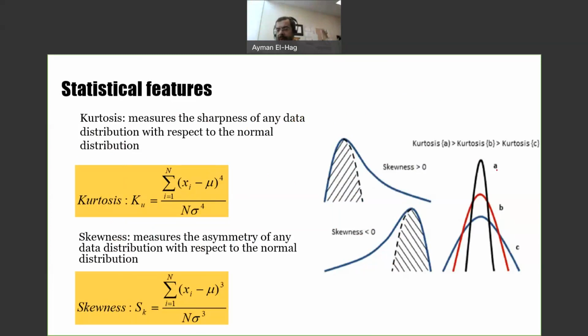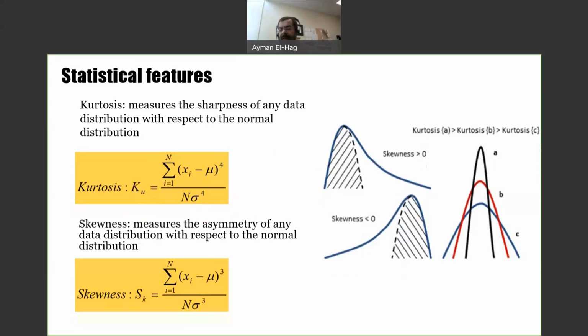For example, here we look at the kurtosis of signal A, which is larger than B, larger than C, and you see that as the kurtosis value increases, the distribution becomes sharper and sharper. And also the skewness measures the asymmetry of any data distribution with respect to the normal distribution. Is it skewed to the right or skewed to the left?